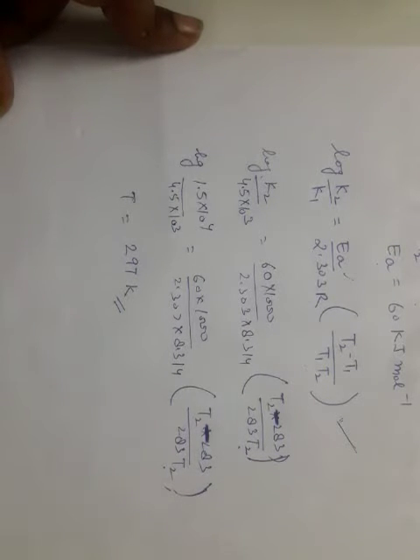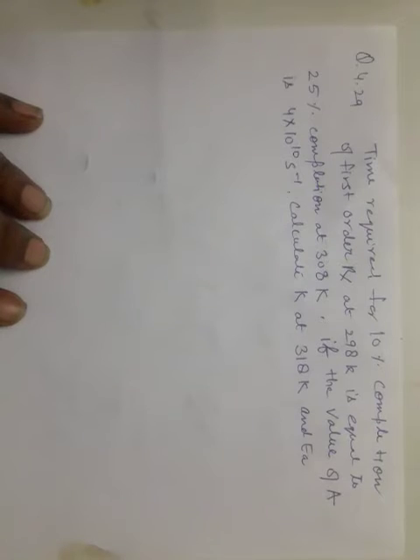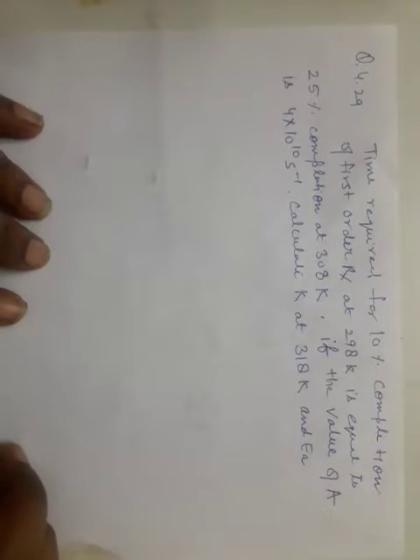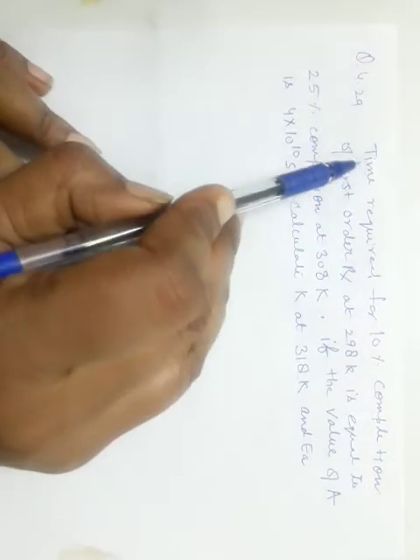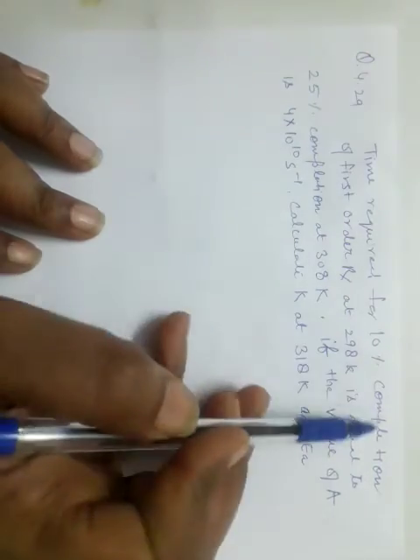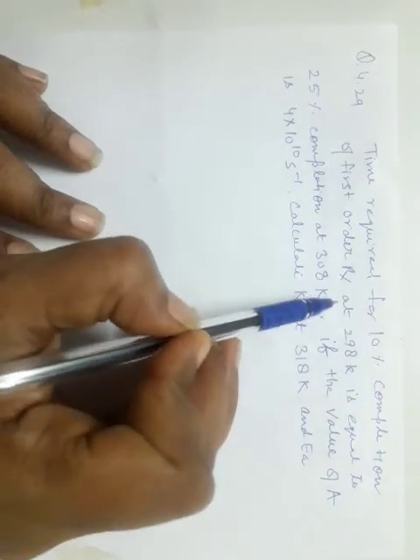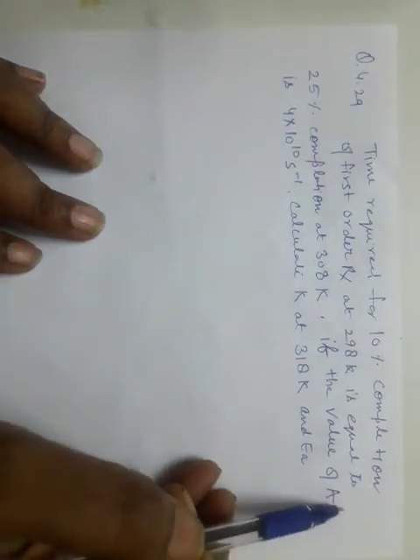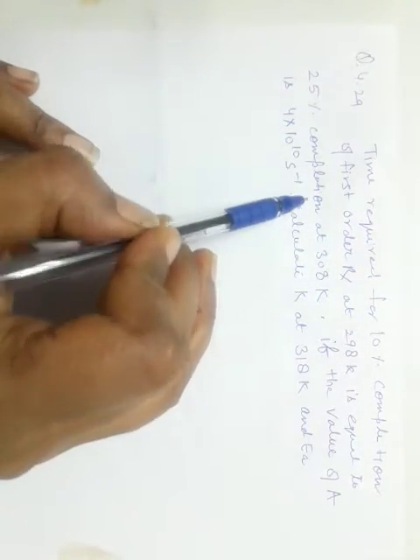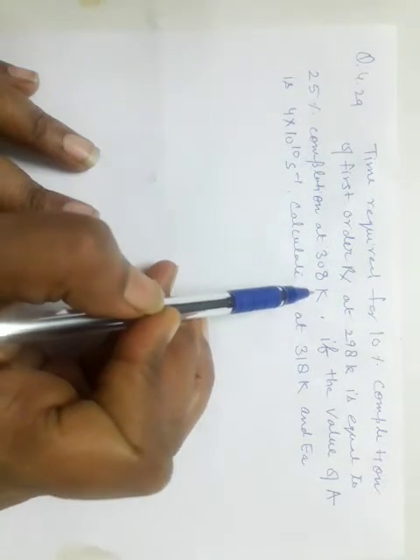Now we are going to discuss the next question, that is 4.29 of the NCERT book. Students, in this question, the time required for 10% completion of a first order reaction at 298 Kelvin is equal to that for 25% completion at 308 Kelvin.